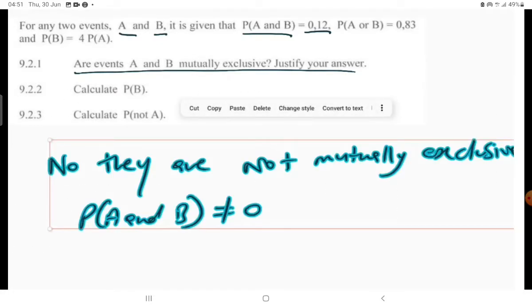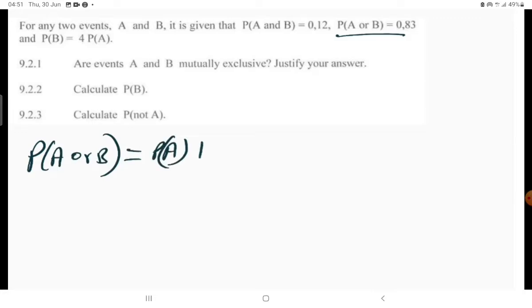Then the second one says, calculate the probability of B. But you will remember that we are given the probability of A or B, and we know that the probability of A or B is given by the probability of A plus the probability of B, minus the probability of the intersection.